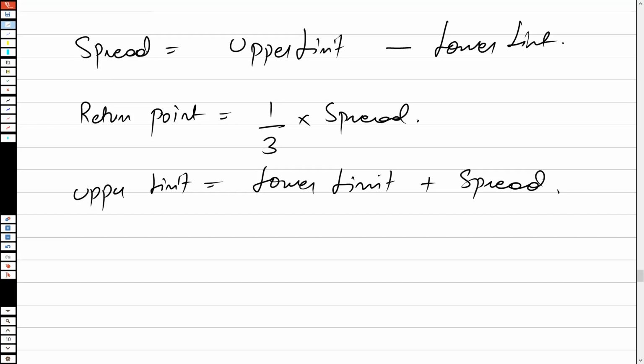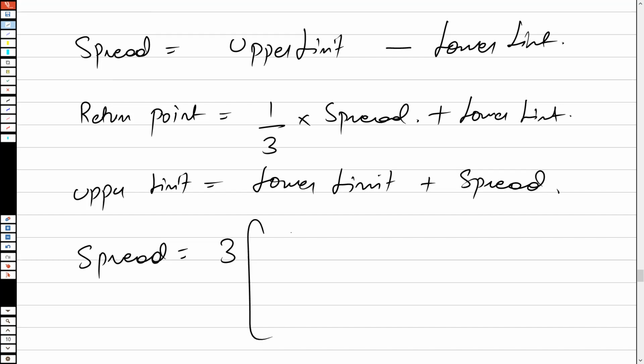So there are a few important formulas that you should know: return point is 1/3 into spread plus lower limit. The spread is also calculated using a formula, which is given in the examination.